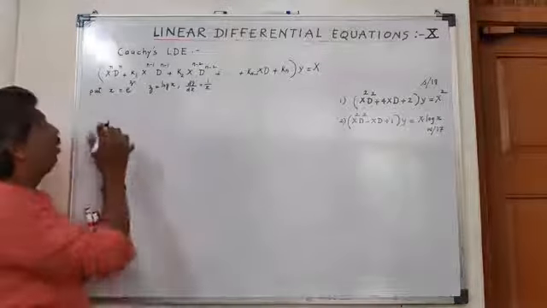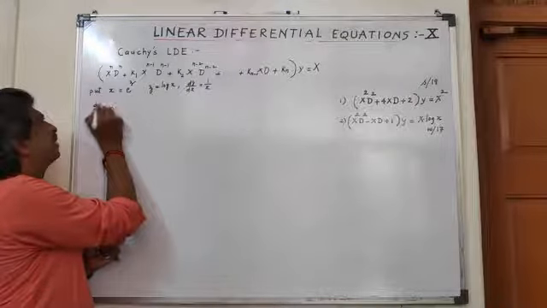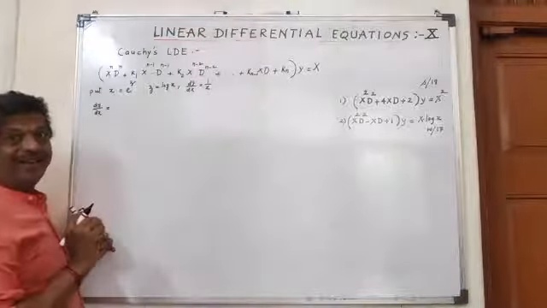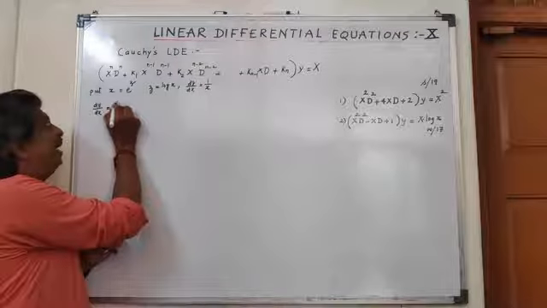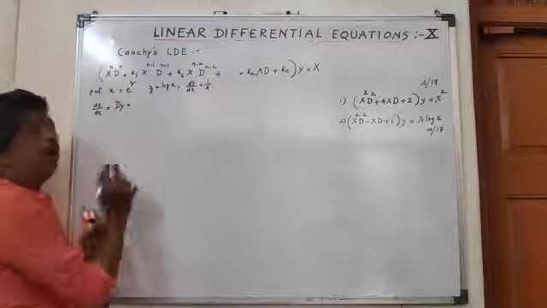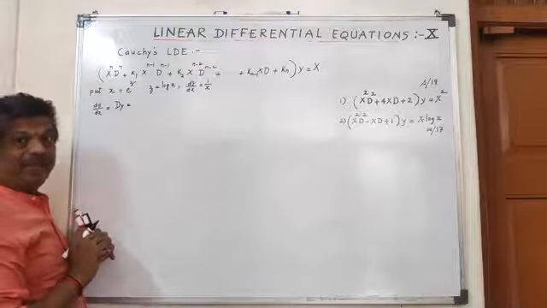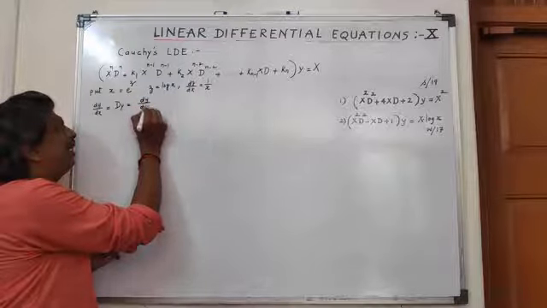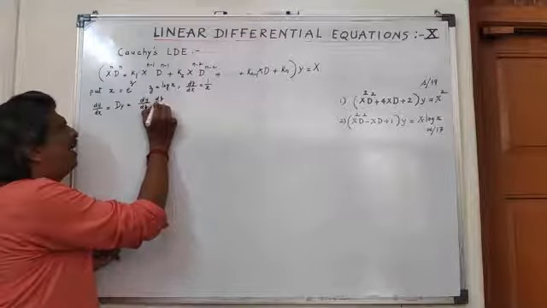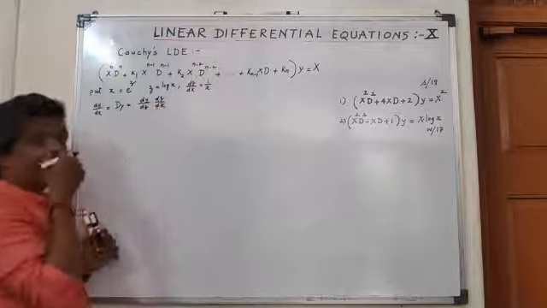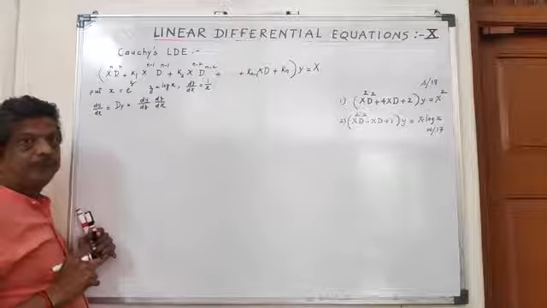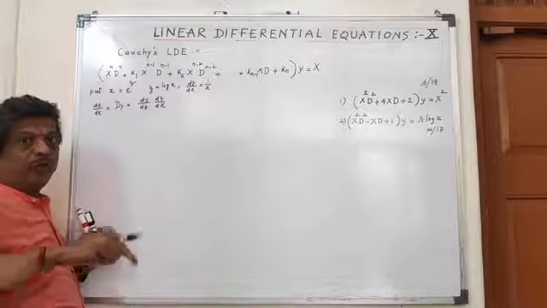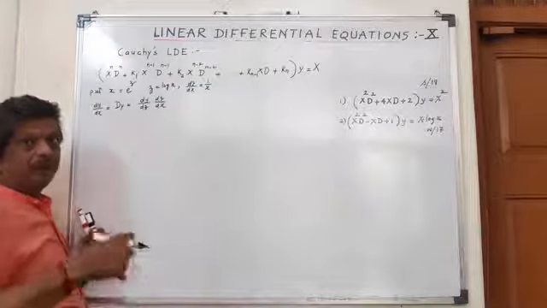That is very simple. Now, what is dy by dx? We denote dy by dx as capital D, that is d by dx of y. Now, dy by dx is also equal to dy by dz into dz by dx. Y is a function of z and z is a function of x, so I have used the chain rule of composition.